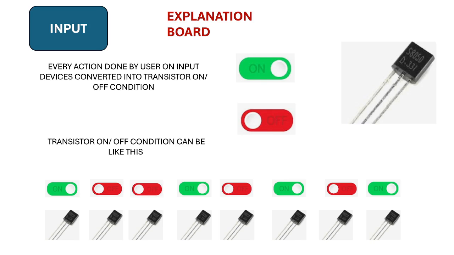Let us assume that the computer will understand only 2 levels of electric charge. One is a higher level of electric charge and the second is a low level of electric charge, that is almost none. So the higher level of electric charge is understood by the computer and termed as 1, and the lower level of electric charge, which is almost no charge for the transistor to get on, is termed as 0.